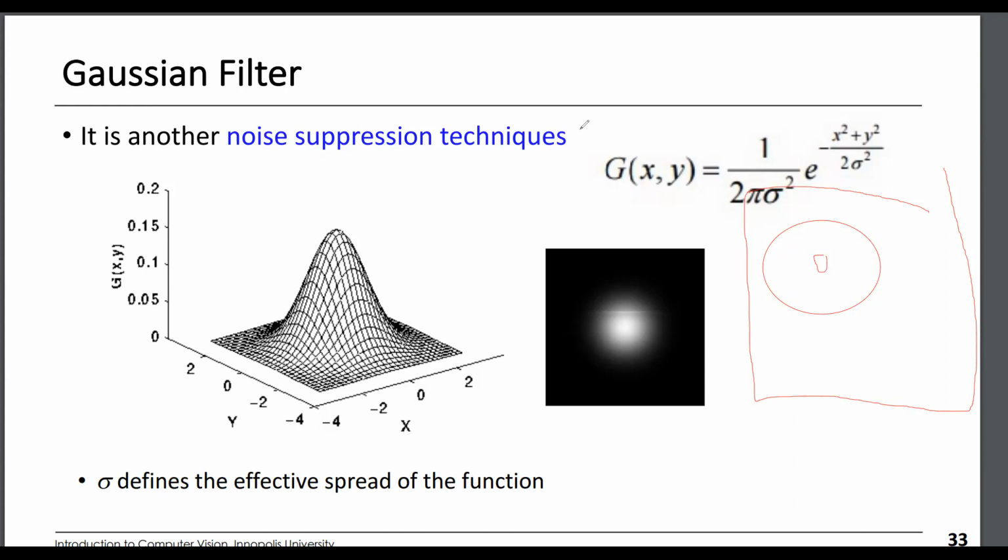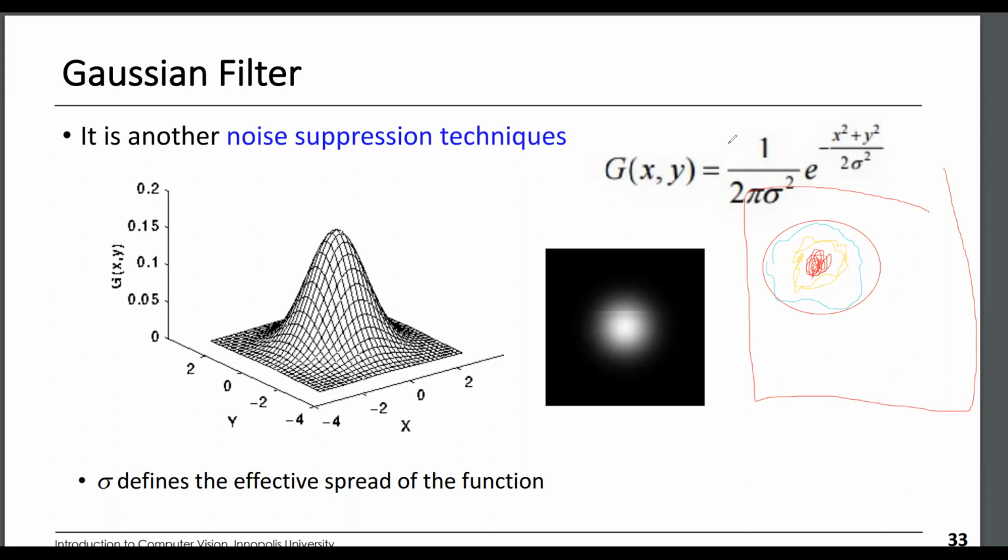Let's say in this area, you have very strong weight. In this area, you have, let's say, 0.5 weight. And in this area, you are still contributing, but with a smaller weight.